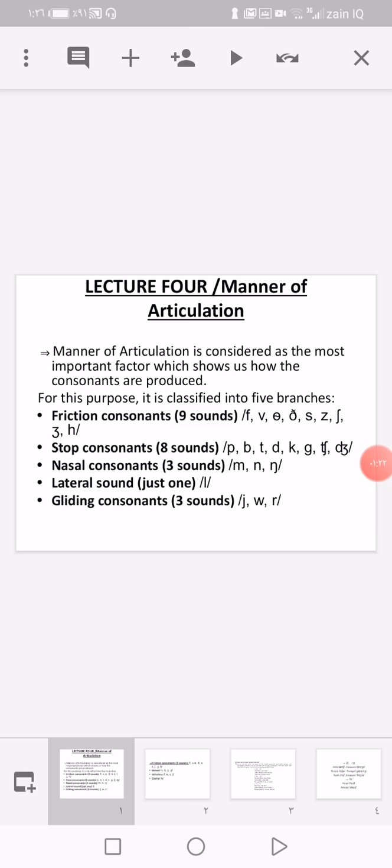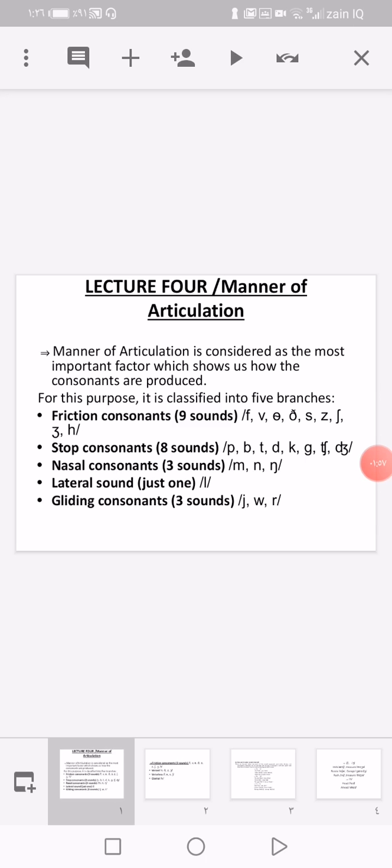We have 9 sounds: f, v, th, the, s, z, sh, j, and h. Again, f, v, th, the, s, z, sh, j, and h.